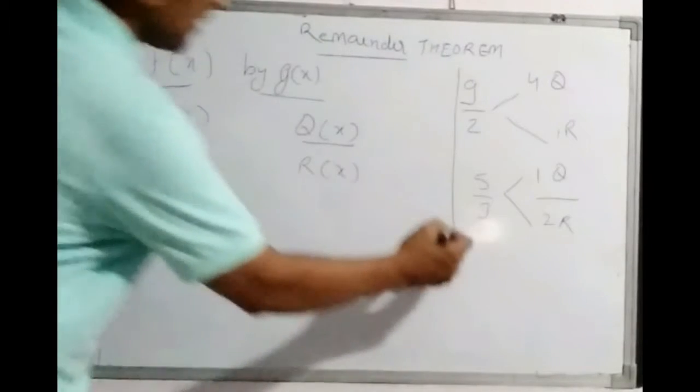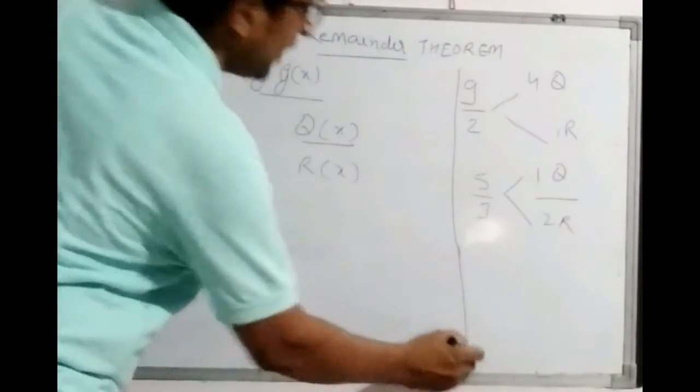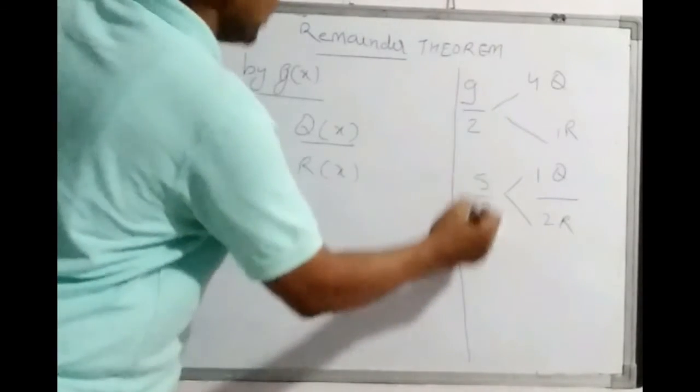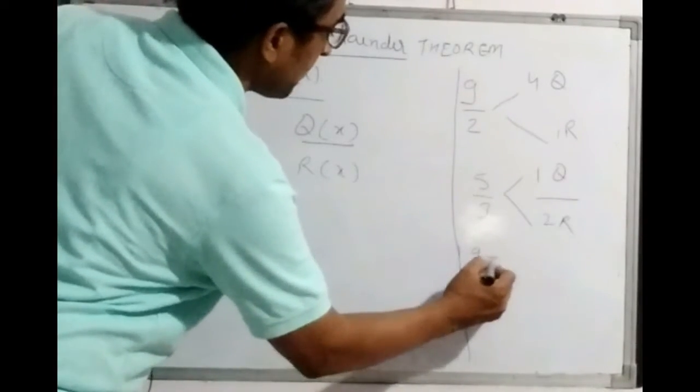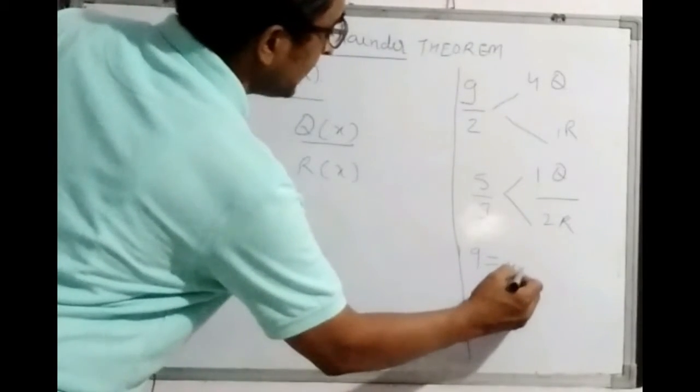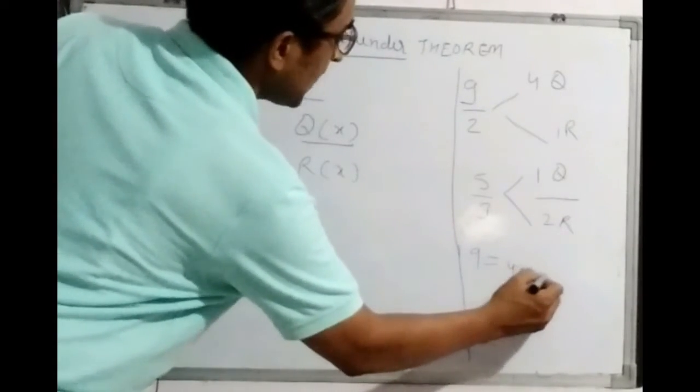Like when we divide one real number by another real number, 9 can be written as multiplication of quotient and divisor, plus remainder.